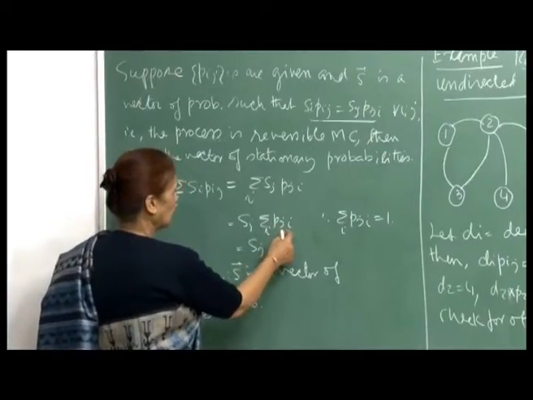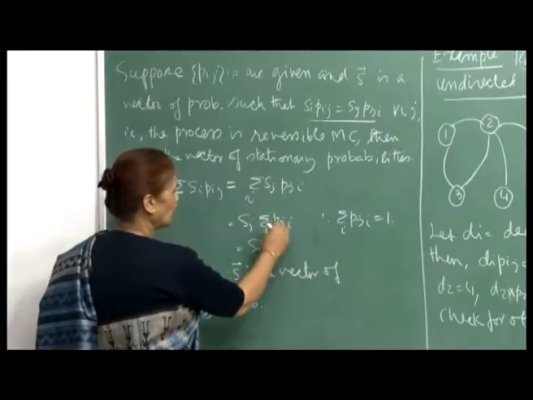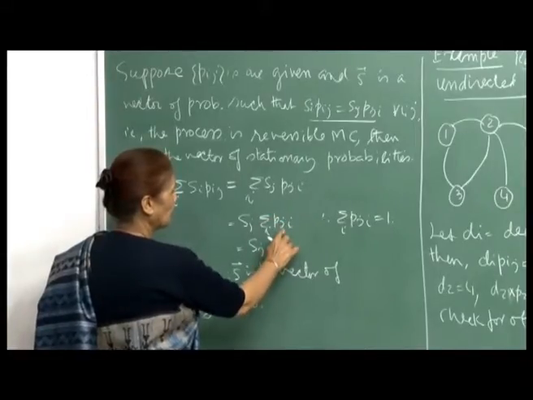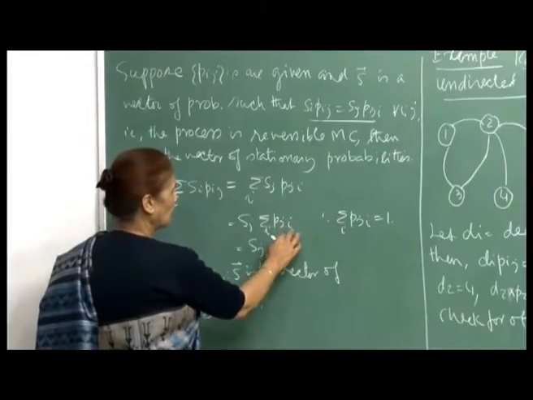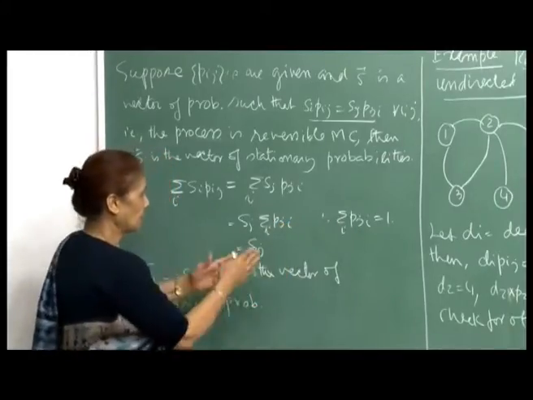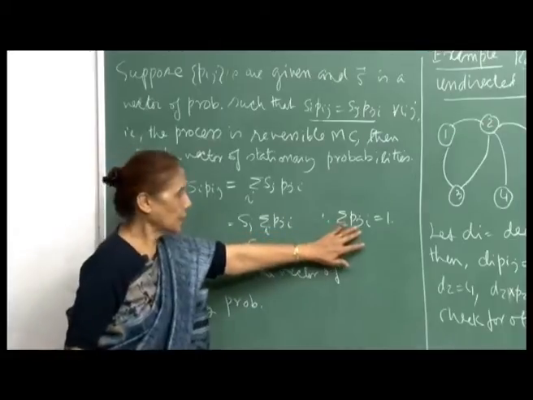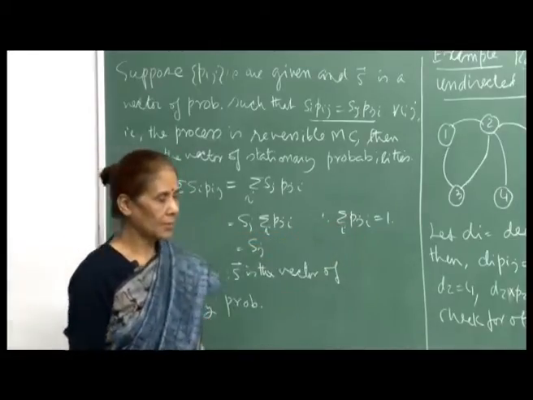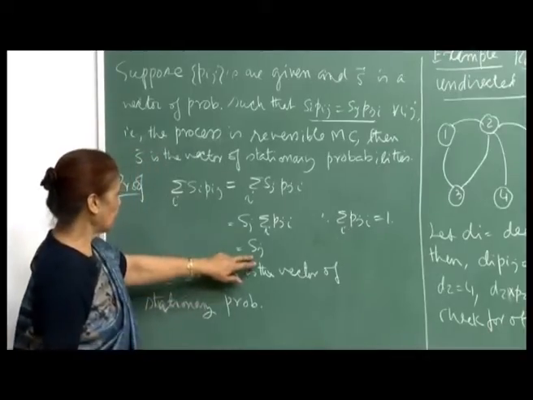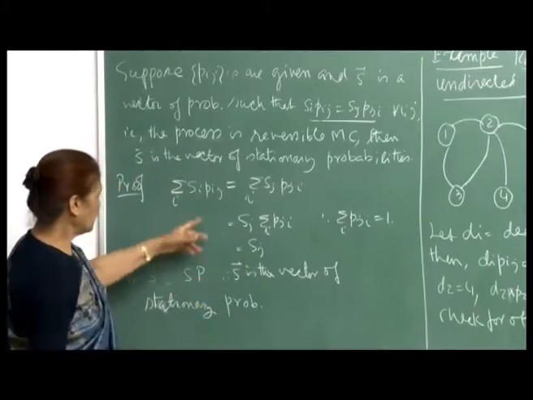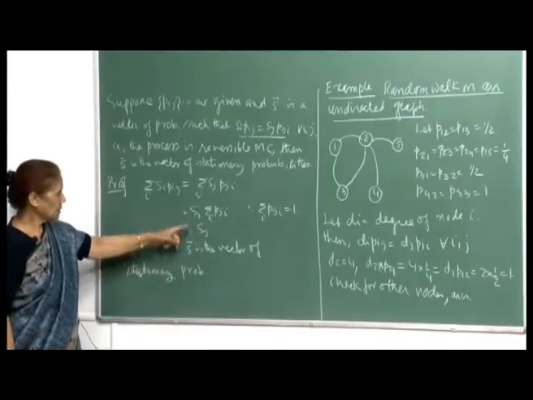But these being transition probabilities, you are summing up the elements of row j, and that must add up to 1, because these are elements of a transition matrix, and therefore this is equal to Sj, right. And so this is satisfied for all j.